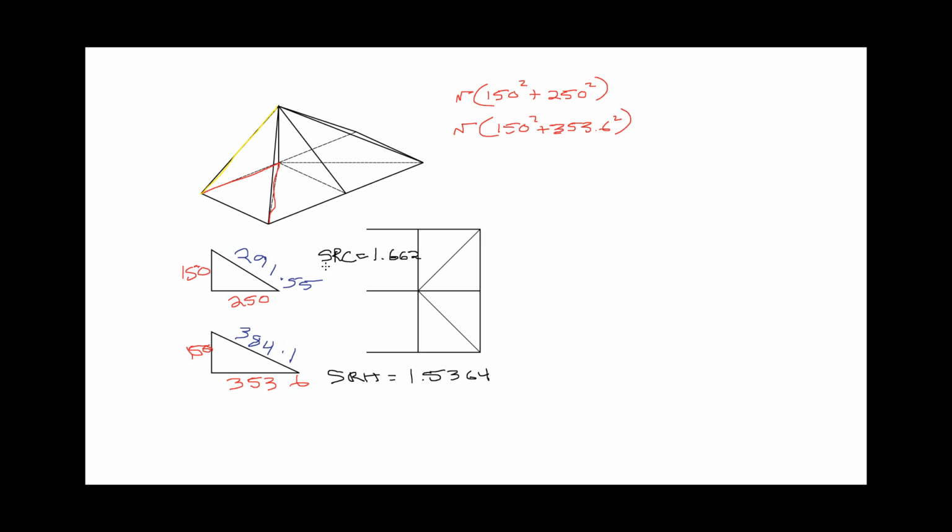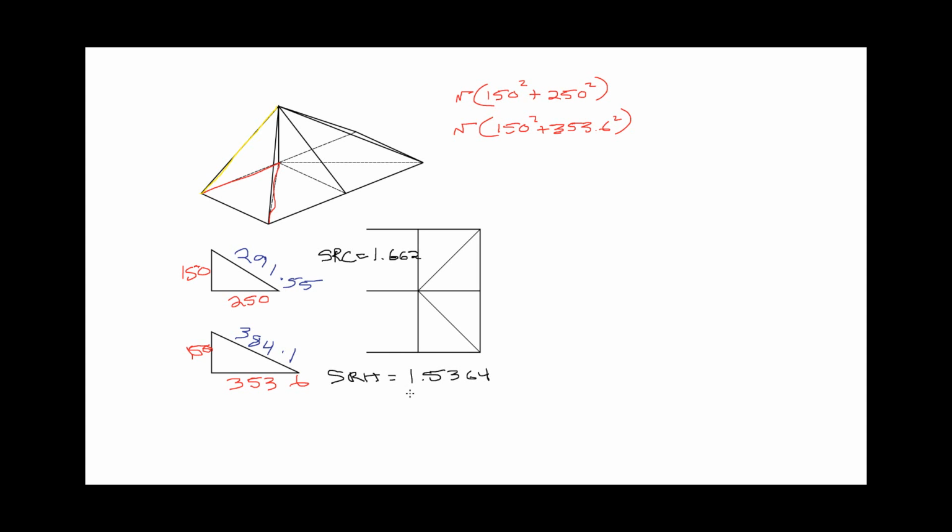Now, when we have our slope ratio common, we should be storing that in location A on our calculator. And when we have 1.5364, we should be storing that in location B on our calculator. So let's make sure we have that properly.